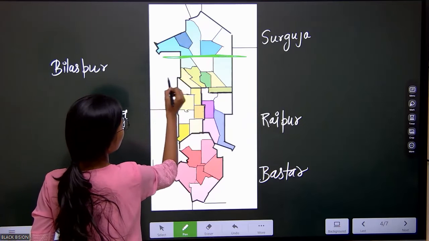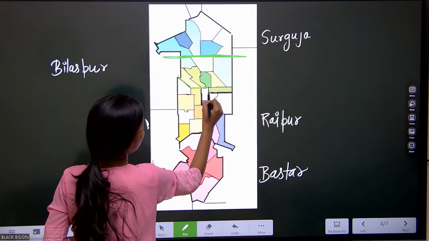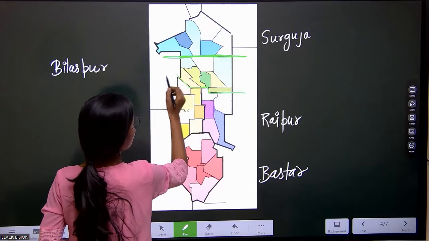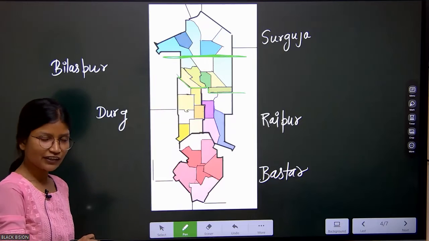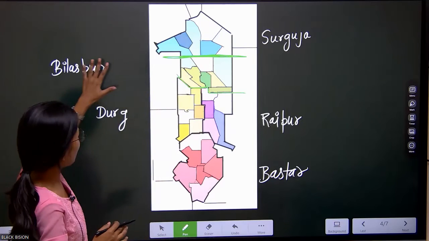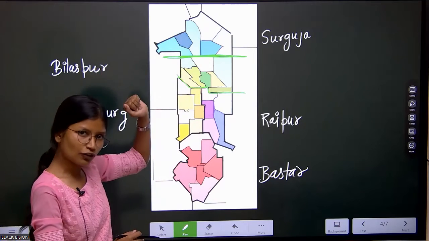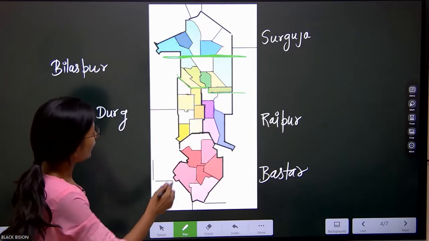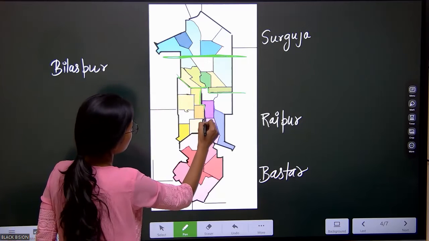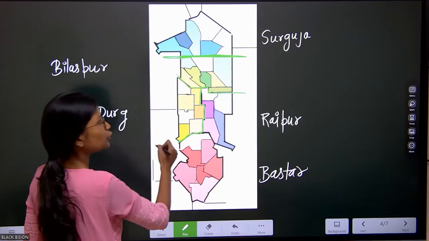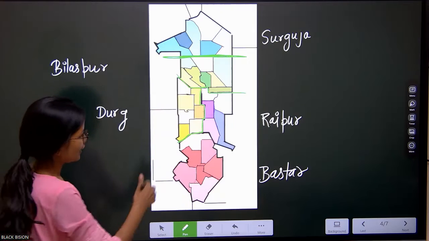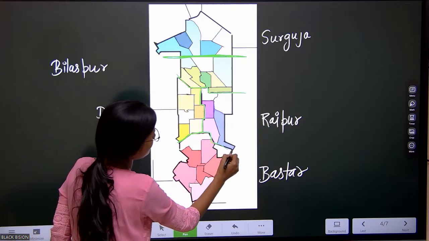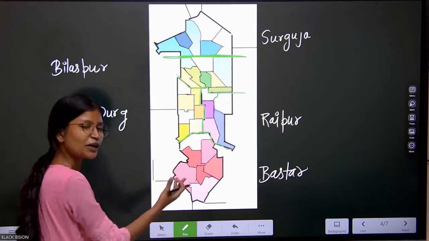So here you can see this is the Bilaspur subdivision. Fine. The green color shows the Bilaspur subdivision. On the north of Bilaspur, we have the Surguja. Thereafter, this particular region is the Durg subdivision. Fine. And as we have discussed, this is Raipur and this is Bastar.